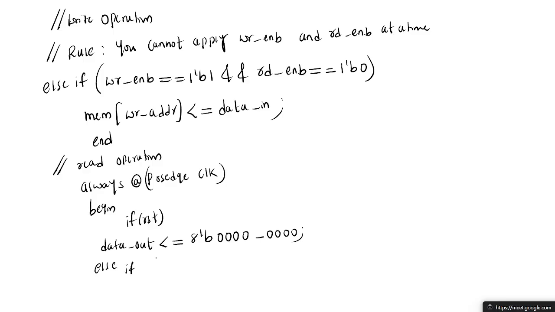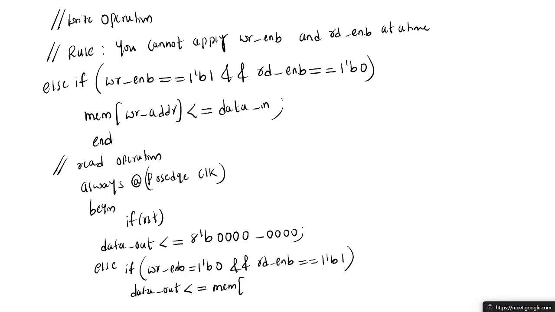If, during the read operation, write enable you need to make 1'b0, and read enable I am making 1'b1, then data_out gets mem of whatever data is present in that location, so the microprocessor or controller can read the data.